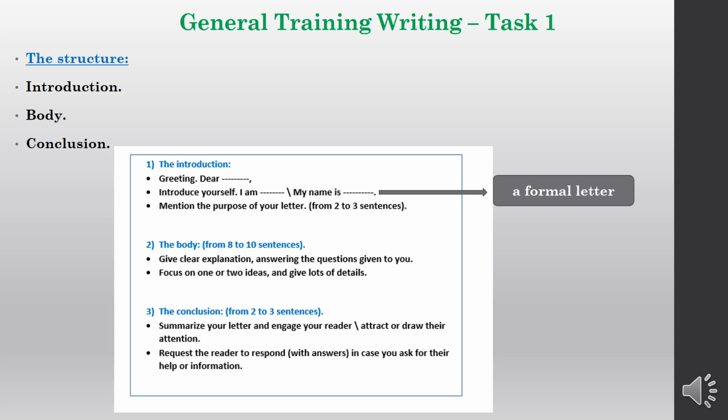Number 2, introduce yourself using I am and then mention your name, or my name is and then mention your name. And this is with a formal letter. Number 3, mention the purpose of your letter in 2 to 3 sentences.